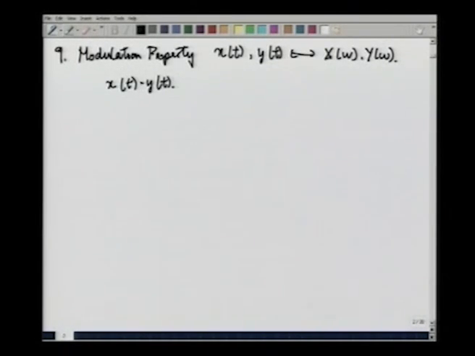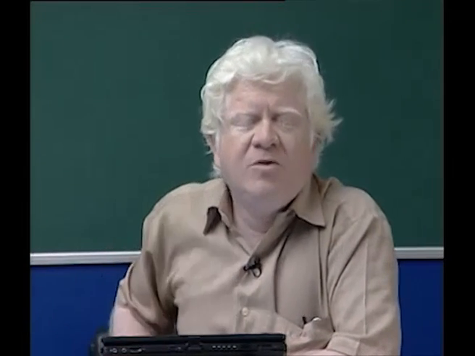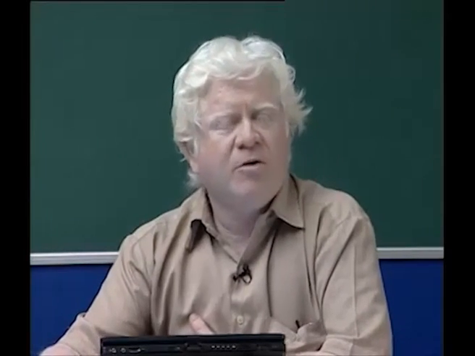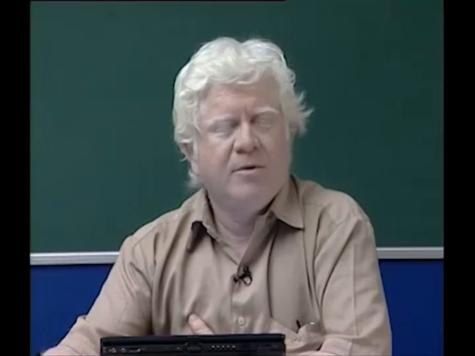Now, recall that we already know what happens if you have the convolution of two time functions in the time domain, then its Fourier transform has already turned out to be the product of their Fourier transforms.